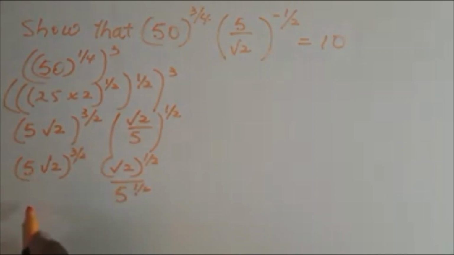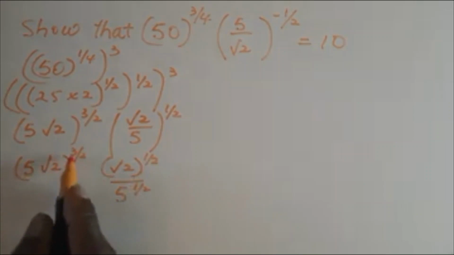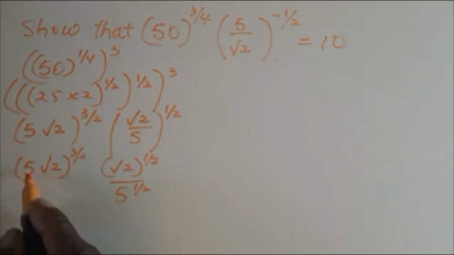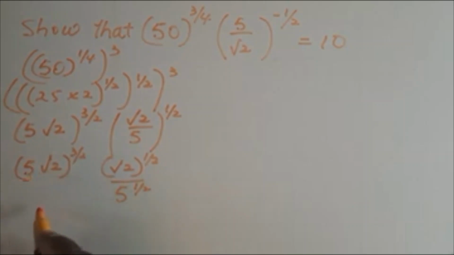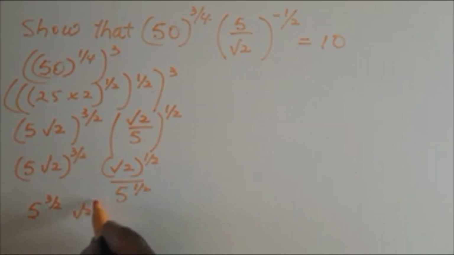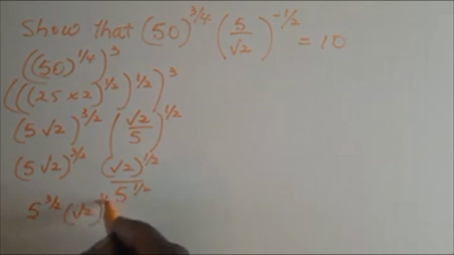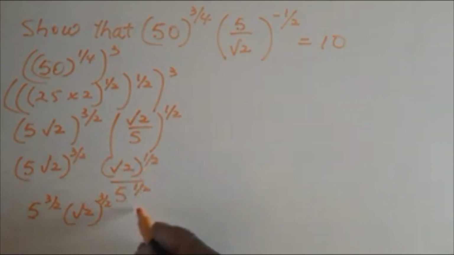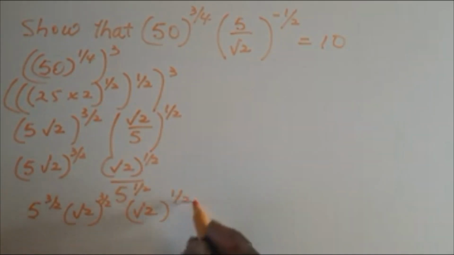Now if we multiply here, if we break this down, this will be 5 raised to the power of 3 over 2 times root 2 raised to the power of 3 over 2. And then here we have root 2 to the half.